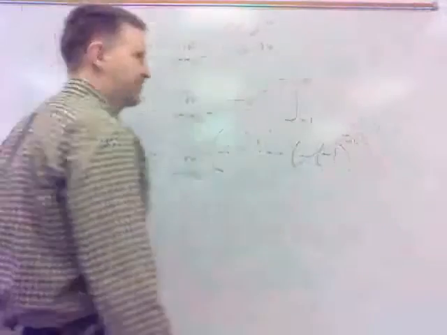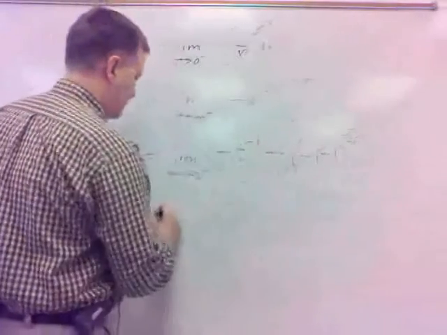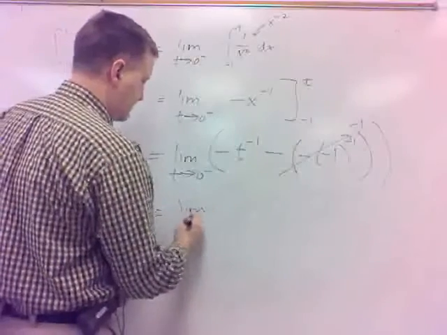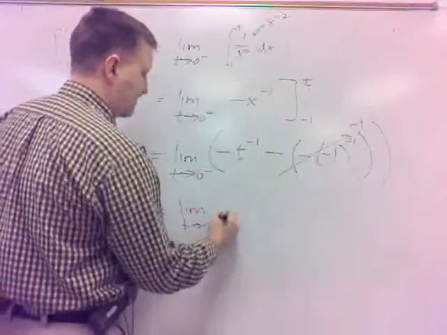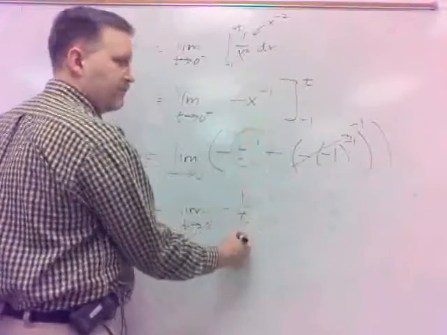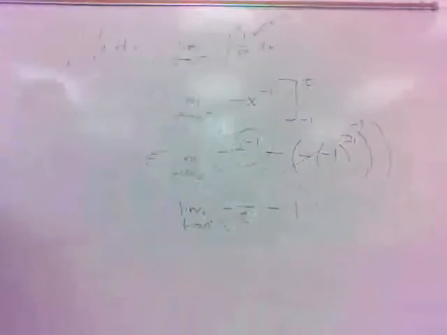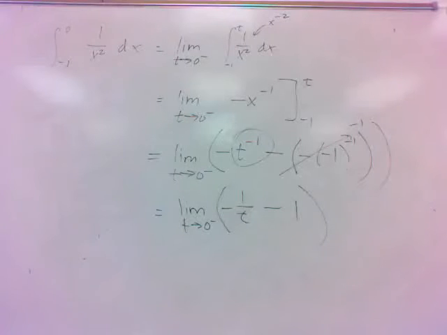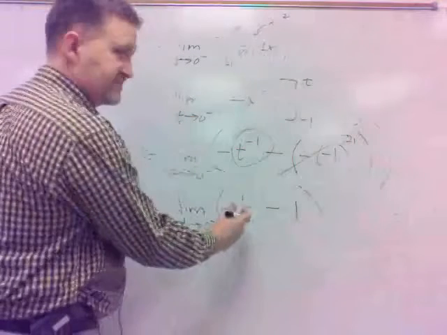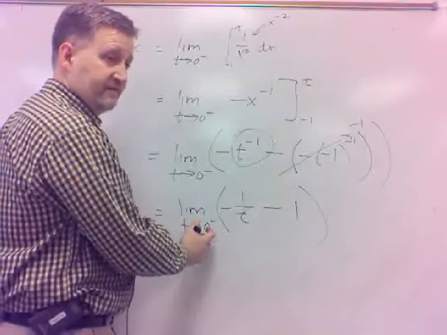But I don't think that's going to amount to a whole lot. Because, what about this? Well, let's think about, all right, so this is 0. All right, so it's negative 1. Let's rewrite this as negative 1 over t. And this is minus 1. Well, when we were running t to infinity, this was 0. But is that the case here? No, because t is going to 0 from the left.